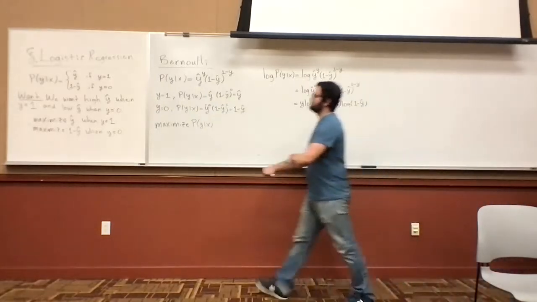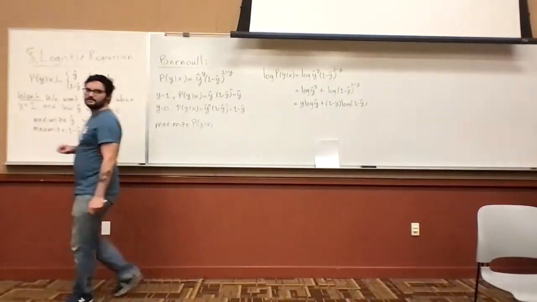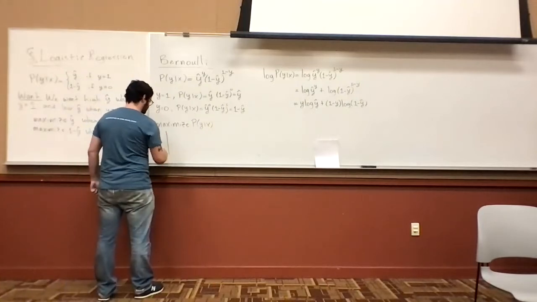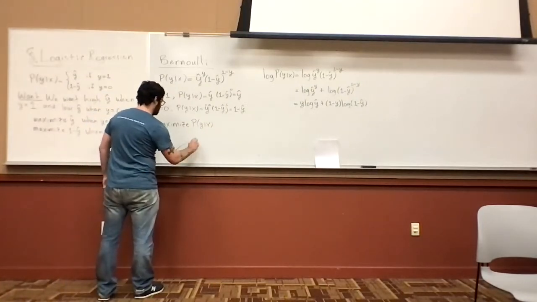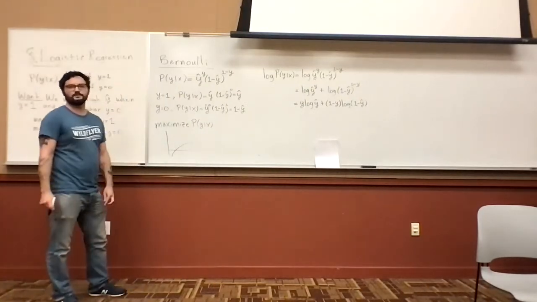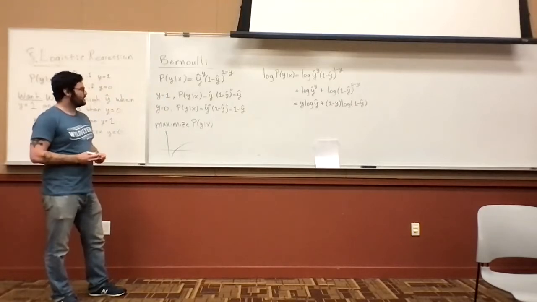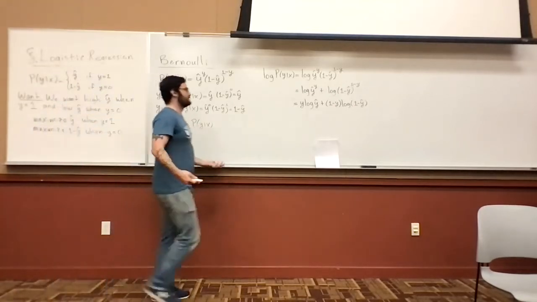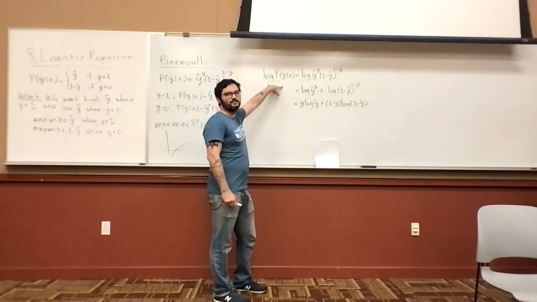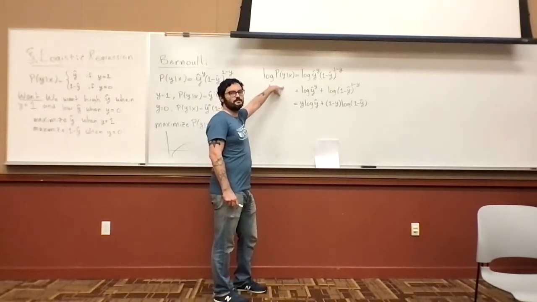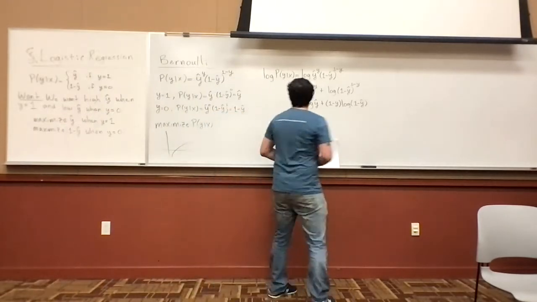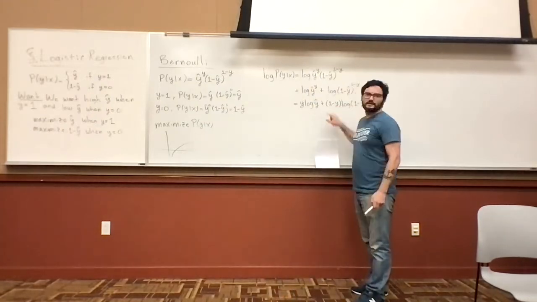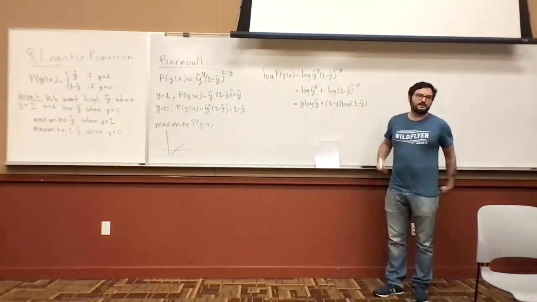And we know we want to maximize this. Recall that the log function looks like this, just some increasing function. Because of that, maximizing this probability is the same thing as maximizing this log probability. So we want to maximize this, which is equivalent to maximizing this. Now, we don't know how to deal with that.